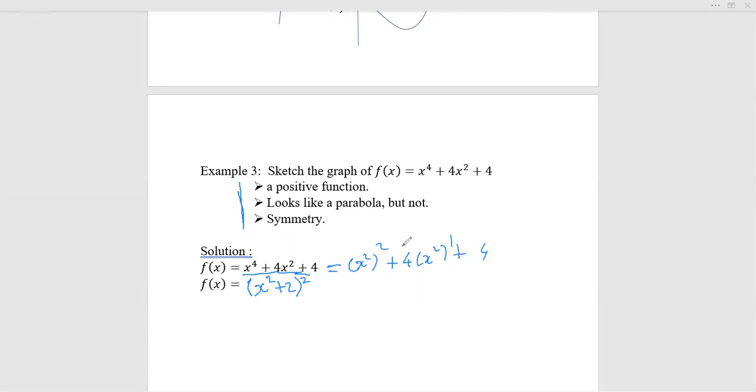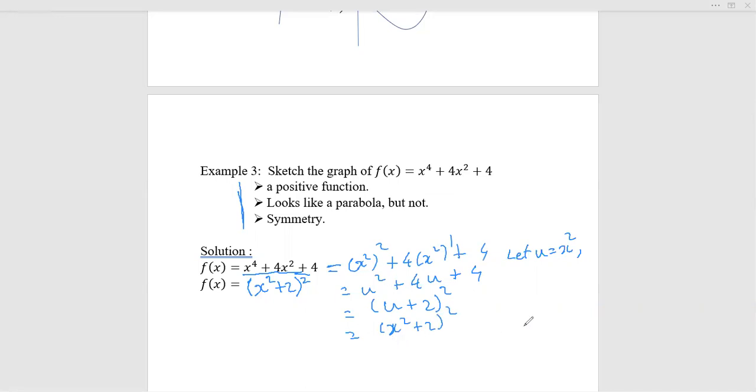Now if you substitute x squared equal u, then you get u squared plus 4u plus 4. You can factor this out. This is u plus 2 whole thing squared. Resubstitute u equals x squared, you get x squared plus 2 whole thing squared, right?